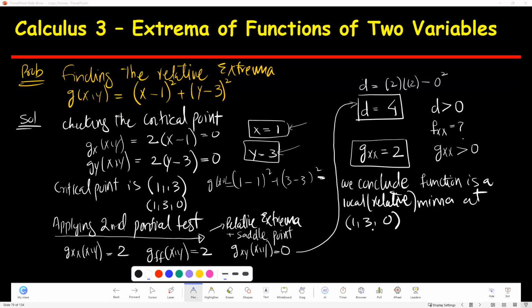Okay, so these are my 2 points. I can just write 1, 3, that should be fine. We don't need to include this 0 point, but this is my relative minimum.